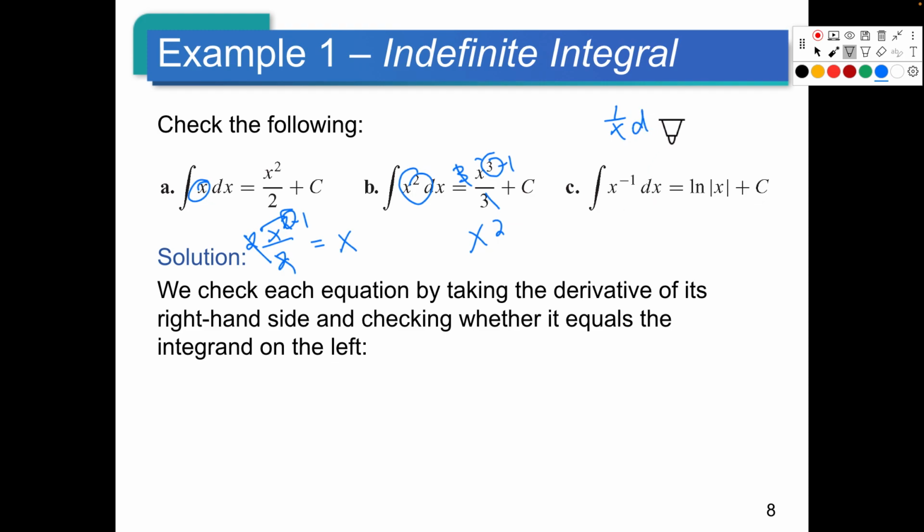When I integrate this, yes, we're going to get natural log, because if we take the derivative, the derivative of C is 0, and the derivative of natural log of x is going to be 1 over x, which is also x to the minus 1. So that checks. Okay? And again, that's one where we just have to remember that's what's going on. Even the textbook says that's a good idea.